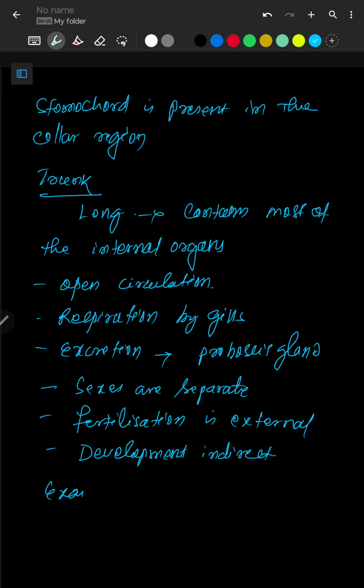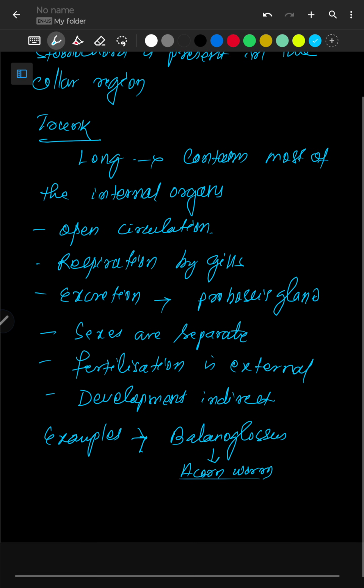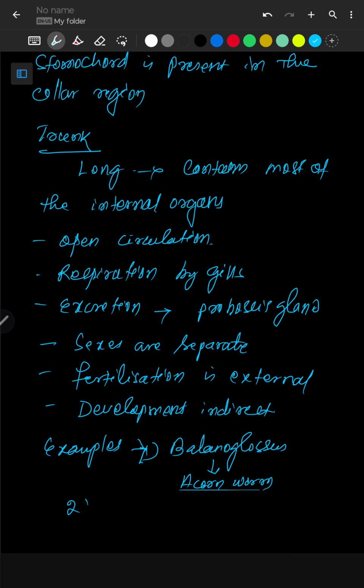Common examples are Balanoglossus, which is called acorn worm. Very important, the common name is acorn worm. And number 2 is Saccoglossus. This Saccoglossus is a hemichordate. So these are the unique and common general features of the Hemichordata.